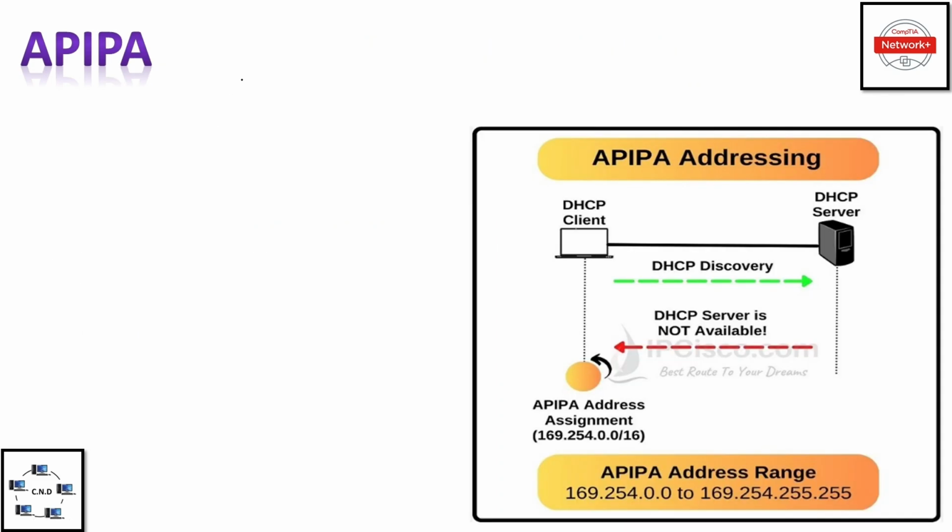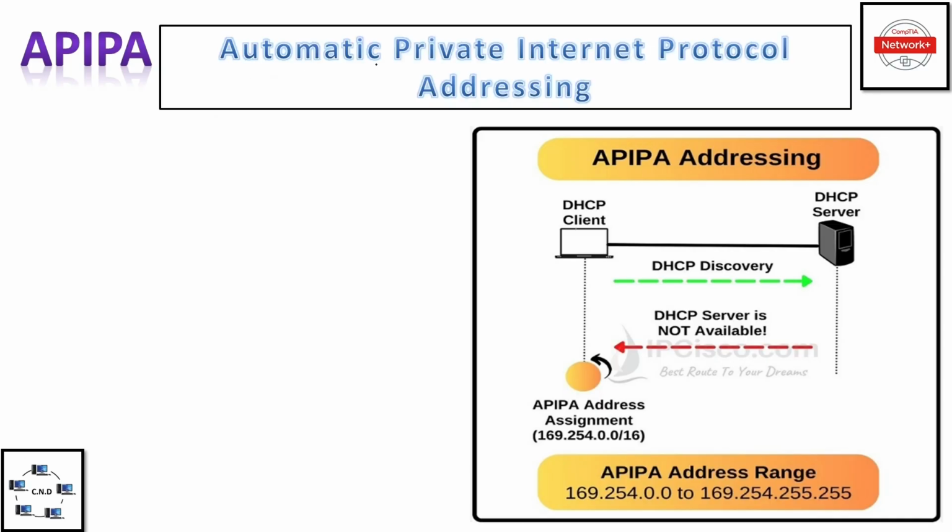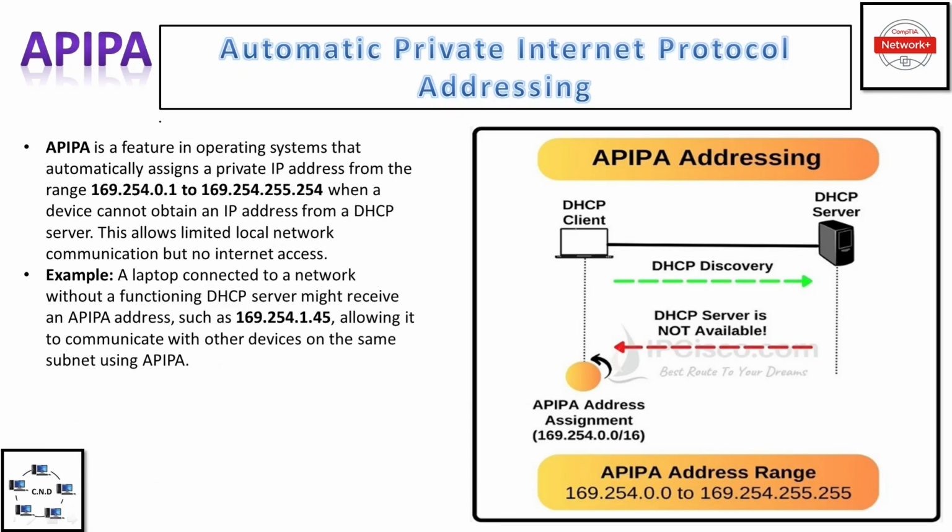APIPA, known as Automatic Private Internet Protocol Addressing. So, APIPA is a feature in operating systems that automatically assigns a private IP address from the range 169.254.0.1 to 169.254.255.254 when a device cannot obtain an IP address from a DHCP server.